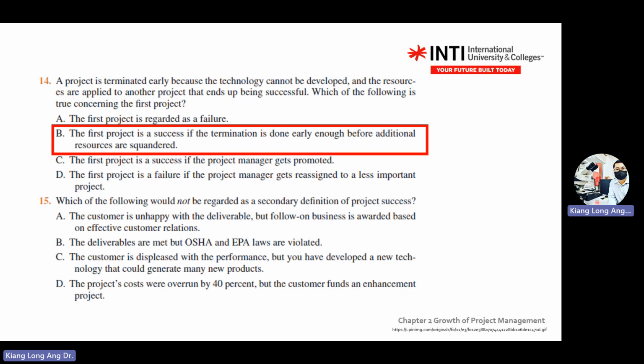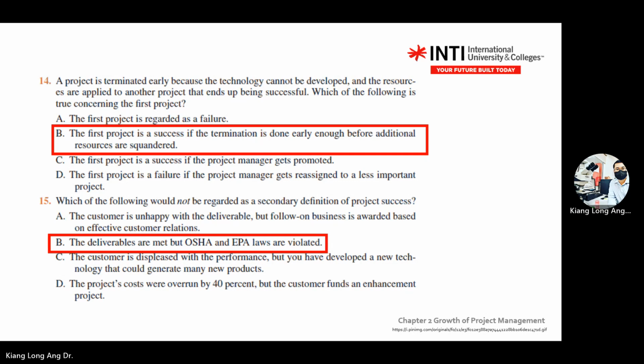So does your customer apply OSHA or not? But it's internal, right? So it asks you, would not be regarded as a secondary definition. So it means it asks you which one is the customer's one. Okay, B, yeah, would not be regarded as secondary.